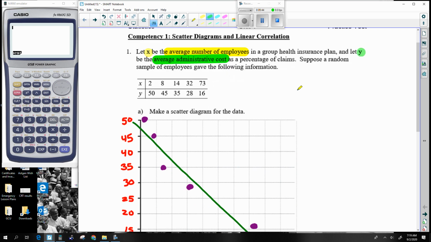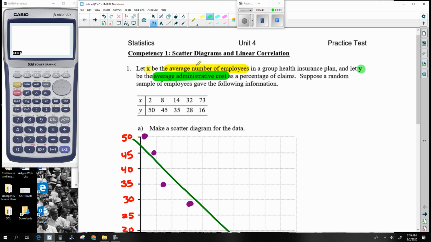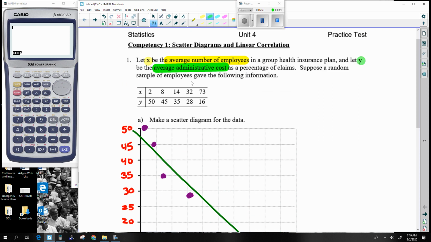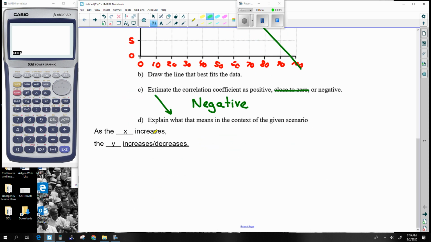So identify what your x and y are. The increases decreases portion of this is if the line is going uphill, then it's positive and it's increasing. If it's going downhill like this one, then it's negative, and that means that it decreases.